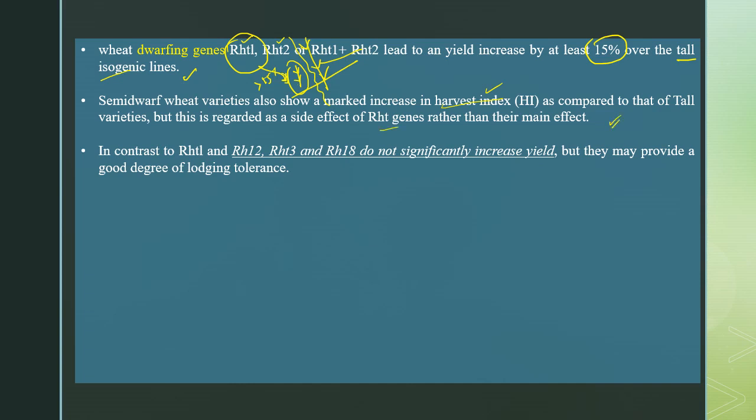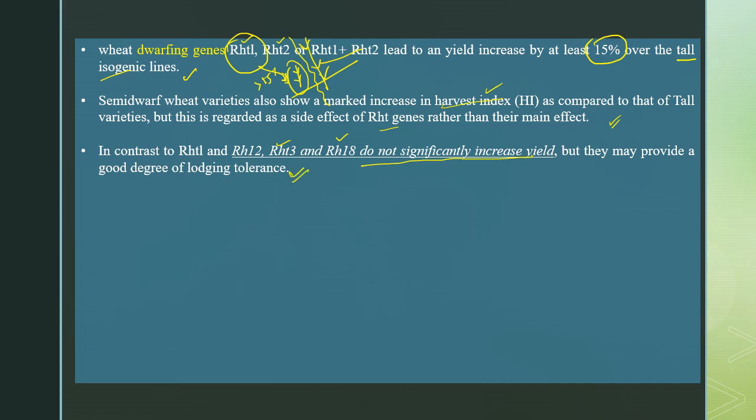Their main effect is the semi-dwarfing. In contrast to RHT1 and RHT2, RHT3 and RHT8 do not significantly increase the yield, but they provide a good degree of lodging resistance.